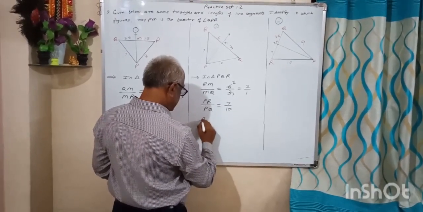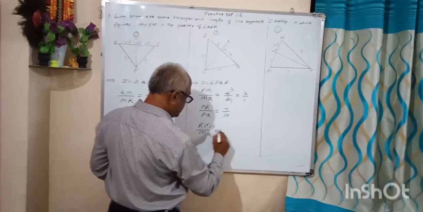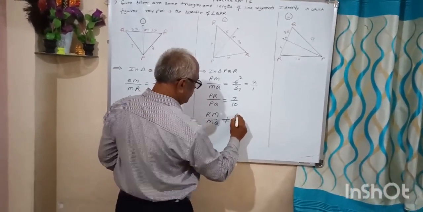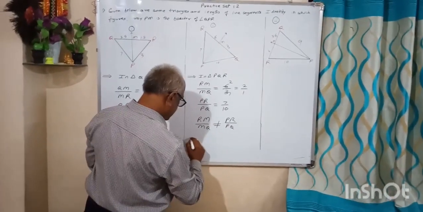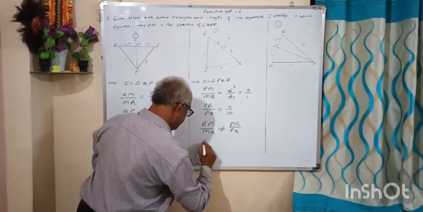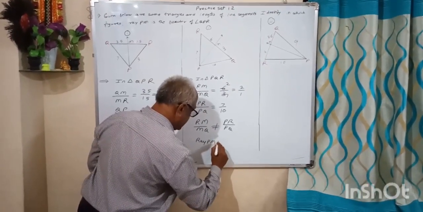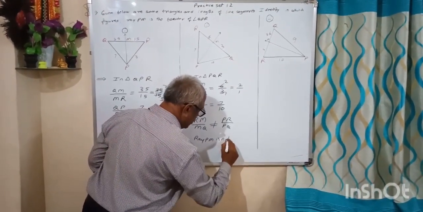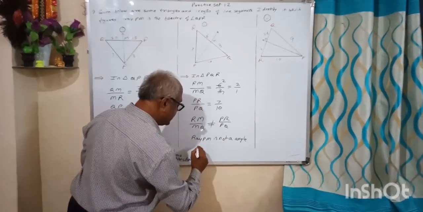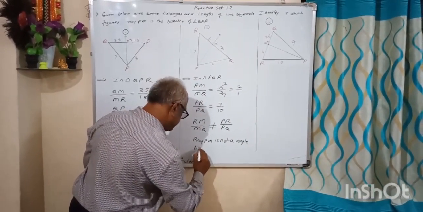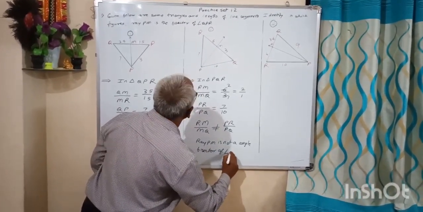Here RM upon MQ is not equal to PR upon PQ. Therefore ray PM is not an angle bisector of angle QPR.